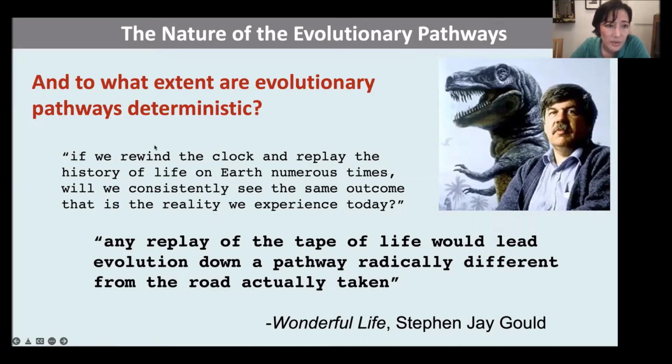If we rewind the clock and replay the history of life on Earth many, many times, will we consistently see the same outcome that is the reality we experience today? His response to this question is no. Any replay of the tape of life would lead evolution down radically different pathways. And so he argued that non-parallel evolution would be the norm.